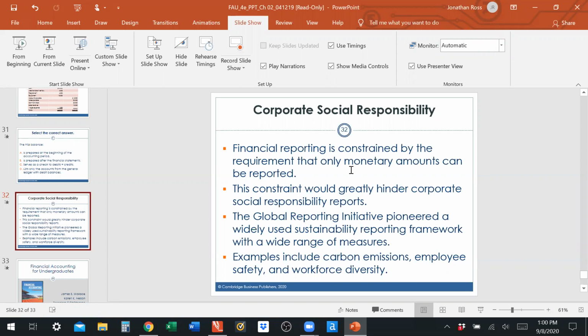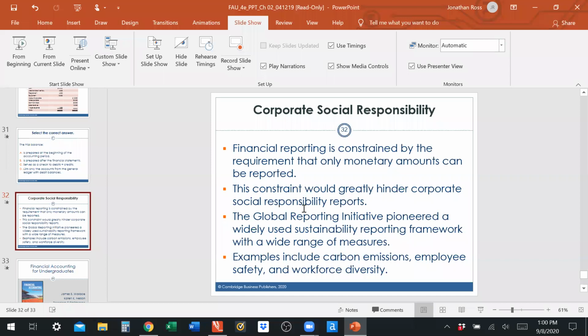And if it can't be measured in monetary terms, then you're not required to report it. This constraint, though, means that if companies only did that, they wouldn't report anything about corporate social responsibility, because a lot of times it's hard to measure if a company is being socially responsible. It's hard to measure the dollar amount of their social responsibility.